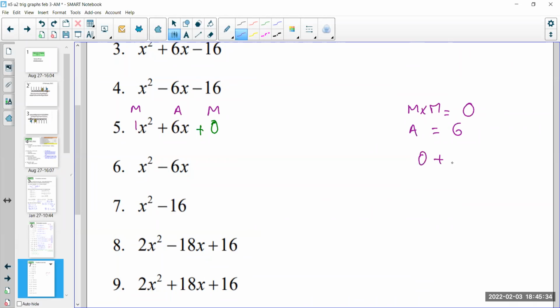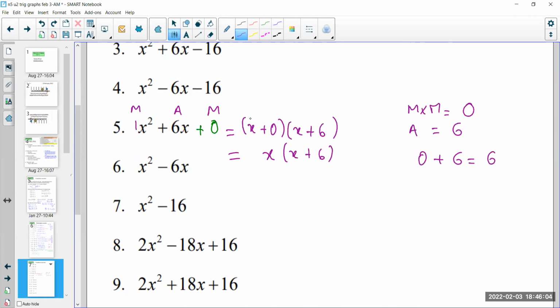To add, the other one would be 6. 0 plus 6 will give you 6. My two numbers are 0 and 6. Guess what? x plus 0 times x plus 6. And hopefully you will be able to spot that adding 0 to a number is the same as if nothing was there. Oh, that is x times x plus 6.